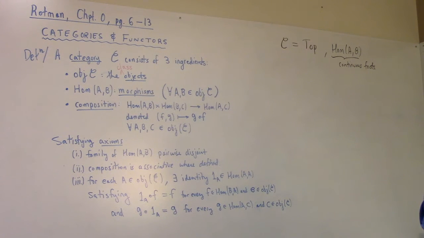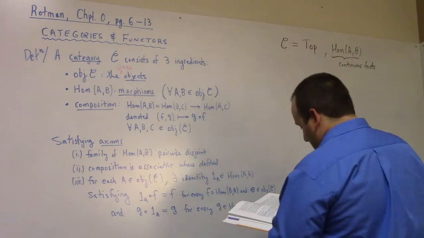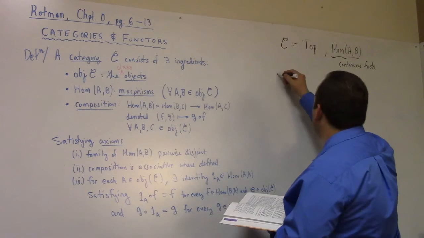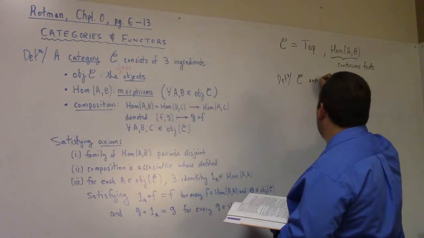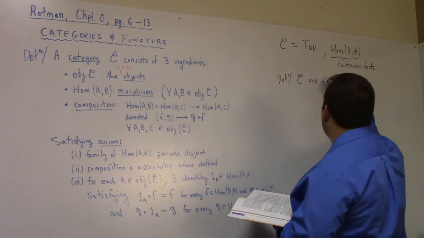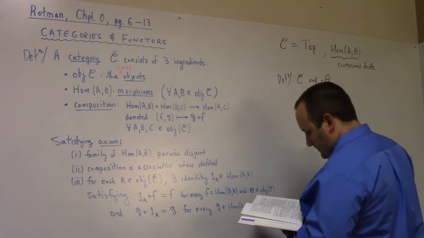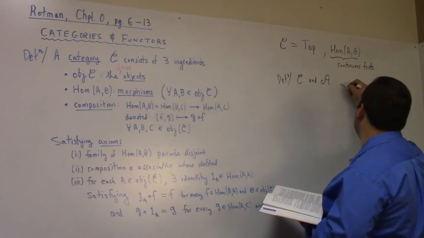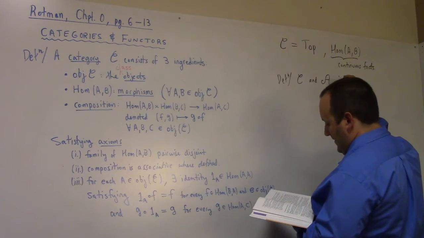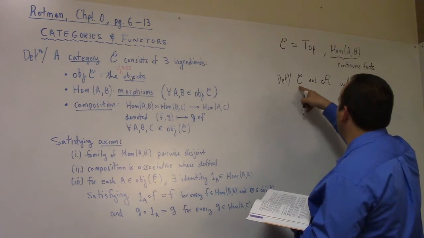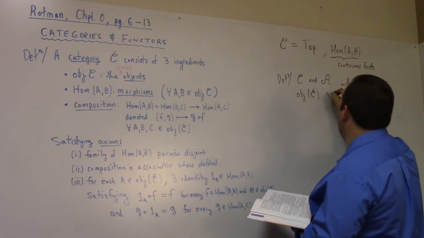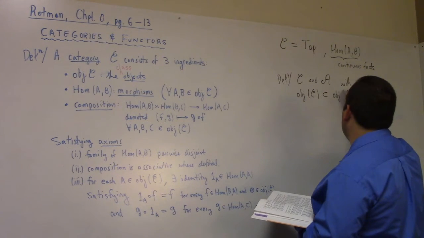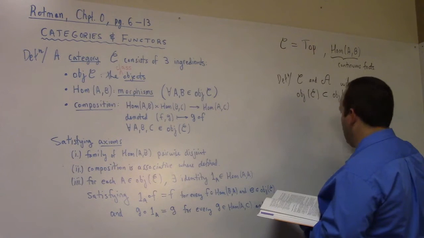At this point, he introduces a definition to talk about a subcategory. Let me run through it briefly here. If you have a category and another category, C is going to be the subcategory of A. So the objects of C are inside the objects of A, right?